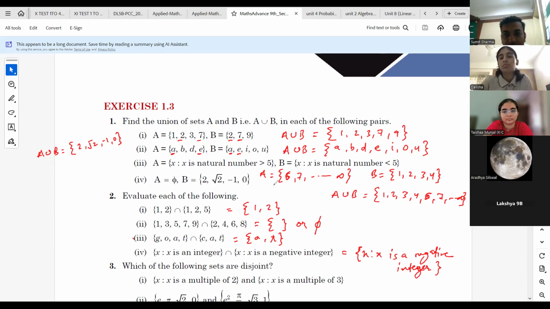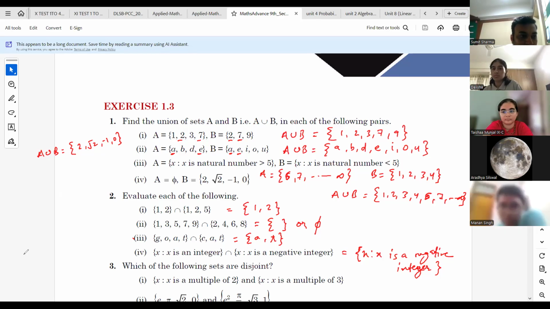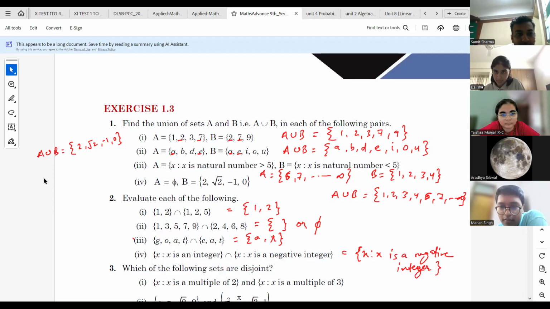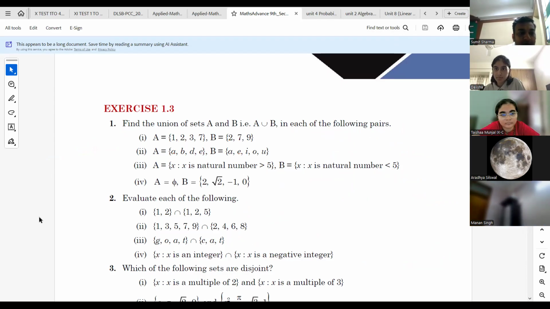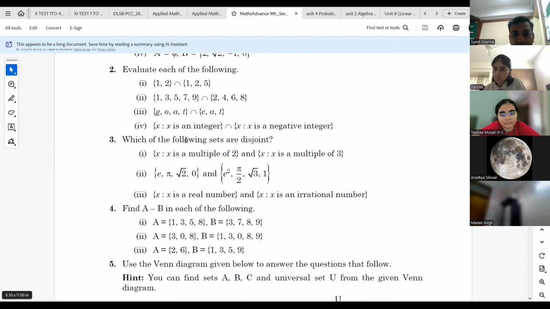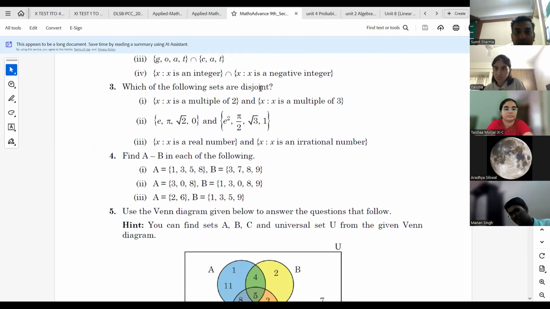Now let us come to the third one. The question is which of the following sets are disjoint. Disjoint sets mean there should be nothing common between them. So multiples of 2 and multiples of 3.